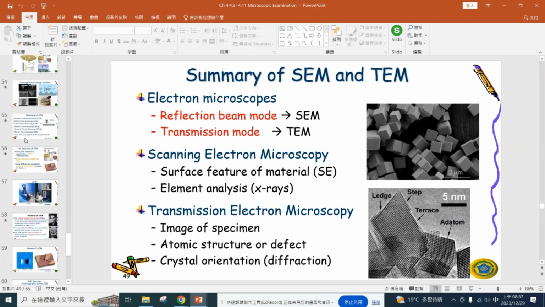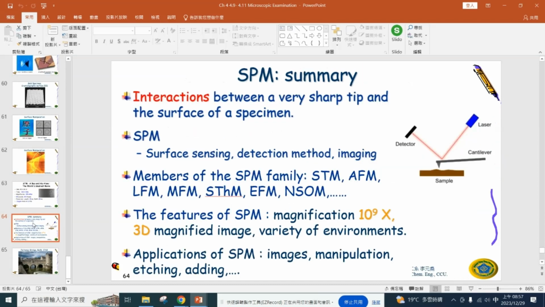And the SPM is a kind of interaction between a sharp tip and the surface of a specimen. This is a sharp tip here, and this is the specimen sample. You have some interactions between the sharp tip and the surface. What kind of interaction? It's all related to forces, like van der Waals forces, magnetic forces, electrical forces, thermal energies, even electrochemical forces or electrochemical reactions.